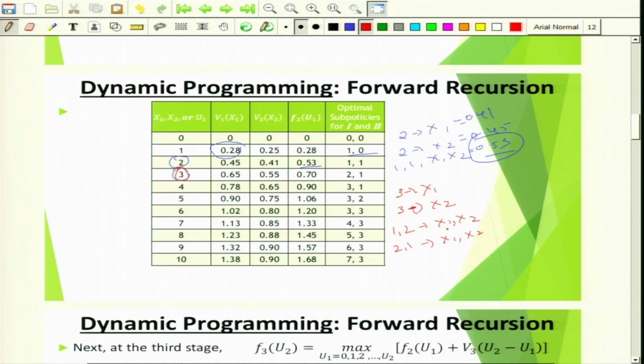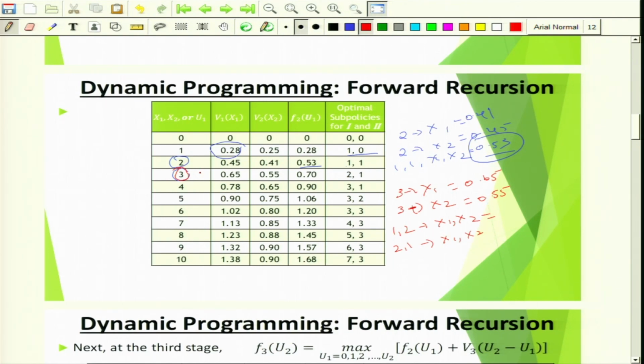Let us try to see these combinations first. If you invest totally in x1, you will get how much? 0.65. If a total of 3 units are invested in x2, you will just get 0.55 profit.